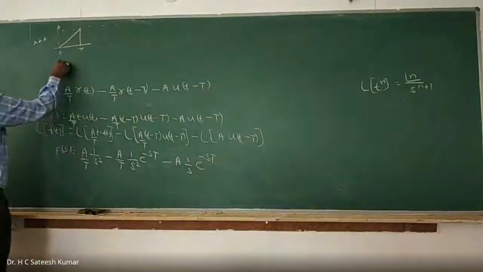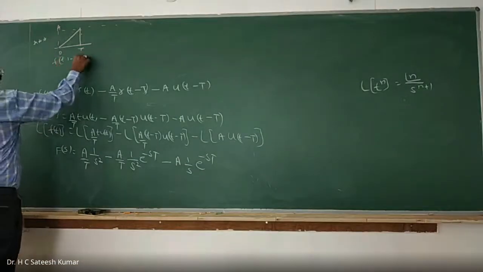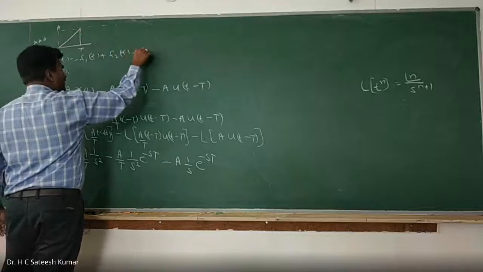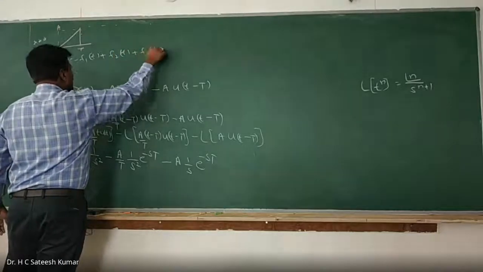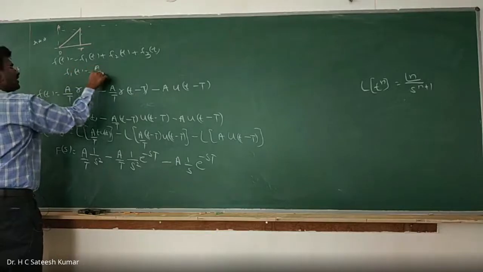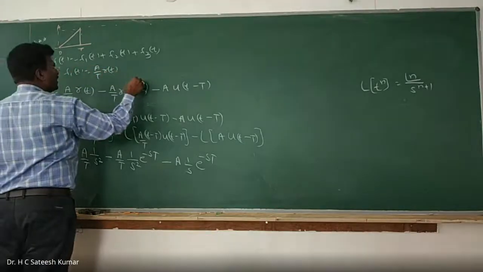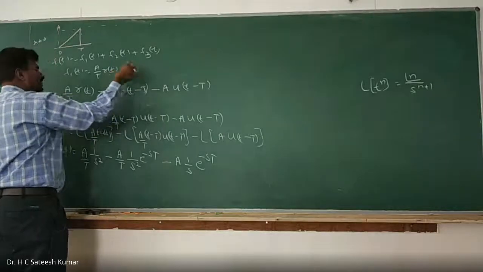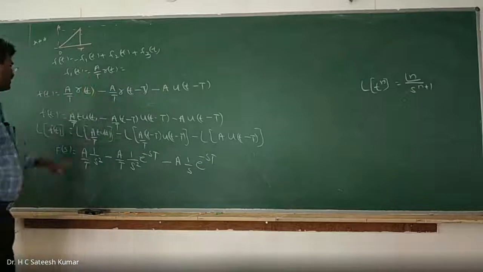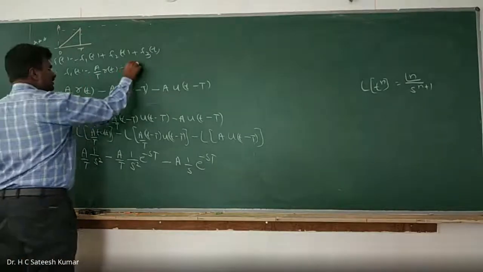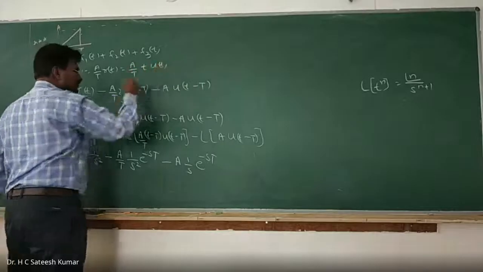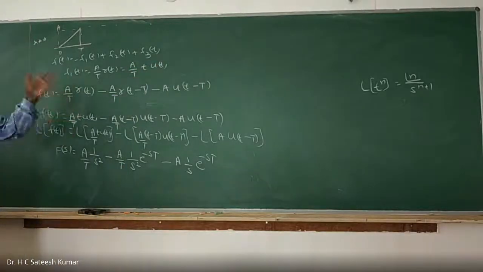You can write f of t is equal to f1 of t plus f2 of t plus f3 of t. f1 of t is a by t into r of t, which can be written as a by t into t into u of t in terms of step. Like that, we'll have to write each one of them.